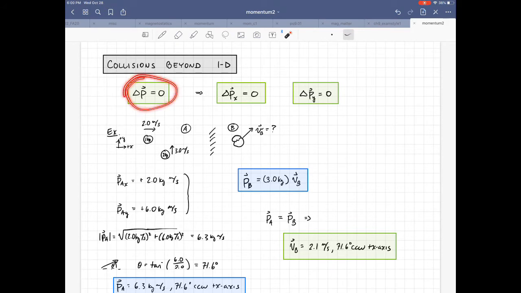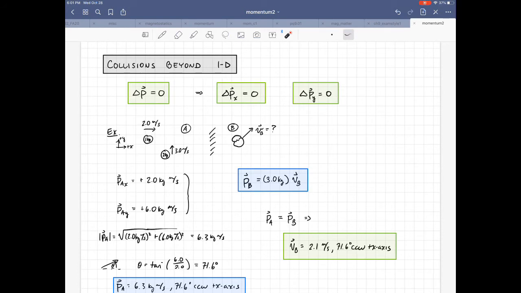So conservation of momentum, if our system is isolated, then the total momentum stays the same. No matter what two times we compare the total momentum, it'll always be the same amount. But this is a vector quantity, so really this means that the total momentum in the x and the total momentum in the y direction is conserved.